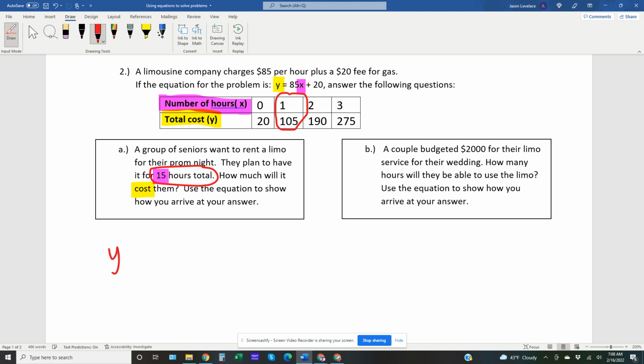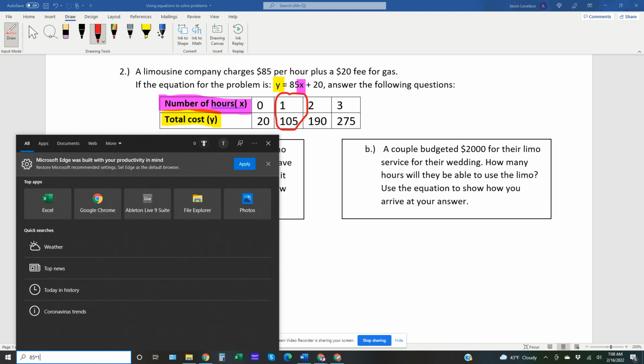So I have my total cost is equal to 85 times 15 hours. Okay, so that's $85 times 15 hours plus my $20 fee for gas. Okay, so now I'm just simplifying. So I have Y equals 85 times 15.